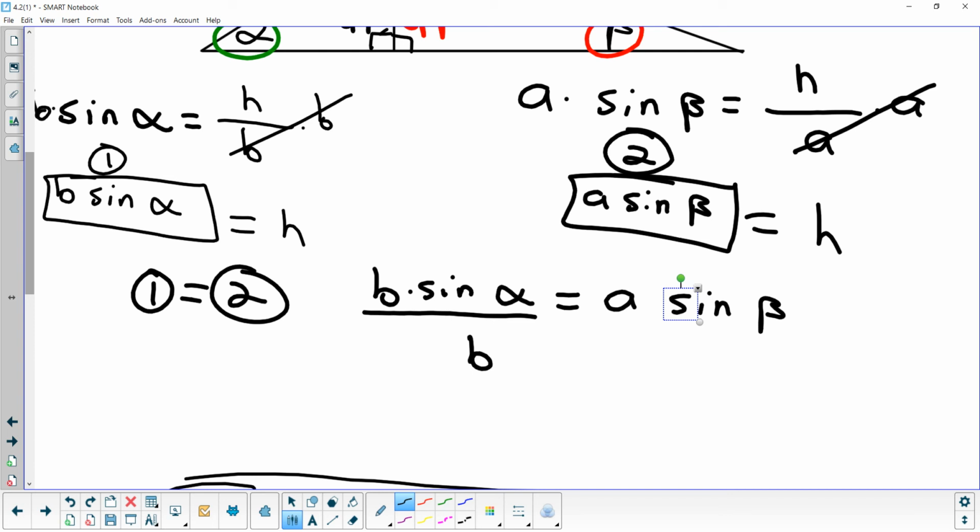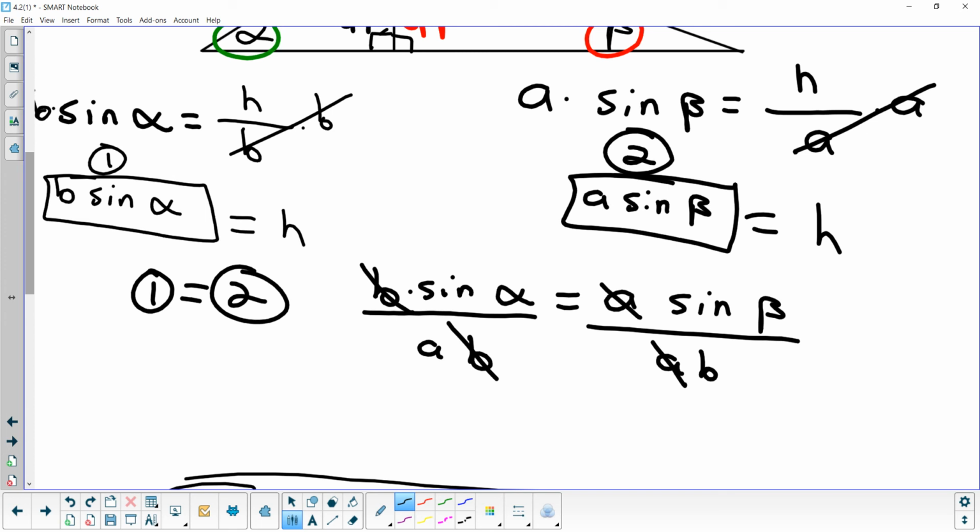Let's divide by B. And now at the same time, how would I put the A over with the alpha? Divide by A. So I'm just dividing by two things at the same time. When you divide by B, that's gone. When you divide by A, that's gone.